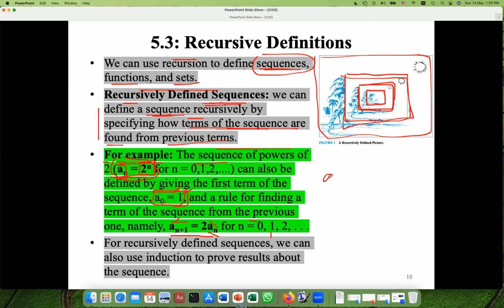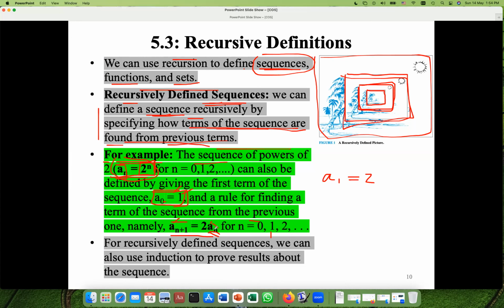So now we have A1 is equal to 2 by using that formula. And this formula is giving me the next term by using the previous term. This is how the terms of the sequence are found from the previous term. This is the recursive definition of the sequence.